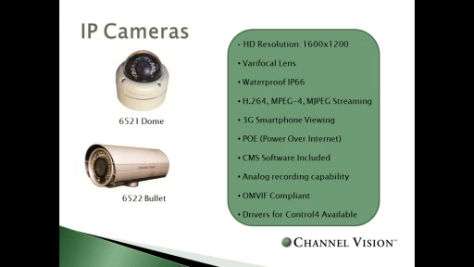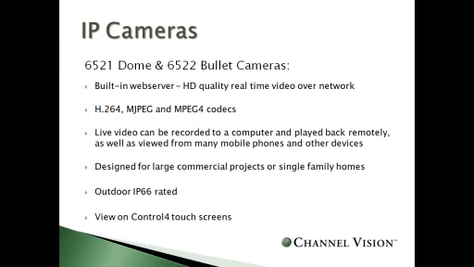The IP cameras are also PoE enabled and come with an included central management software. They offer analog recording capabilities and ONVIF compliance, implying that it'll work with any ONVIF compliant NVR. And there are also drivers available for touchscreen automation companies like Control4, Crestron, and AMX.